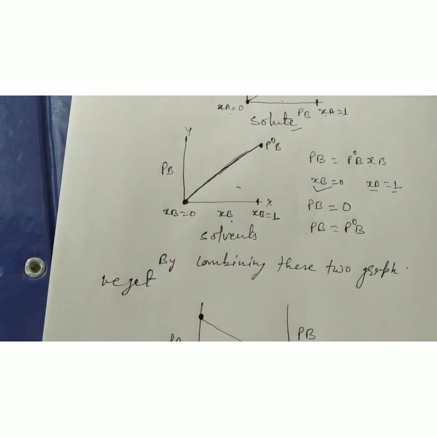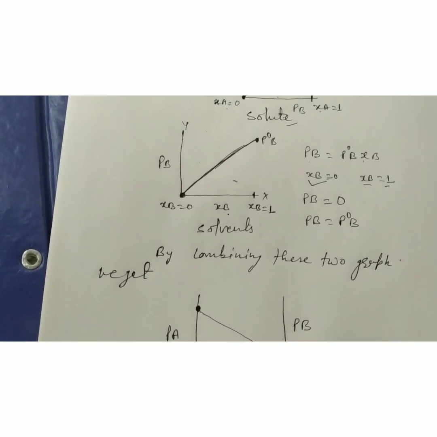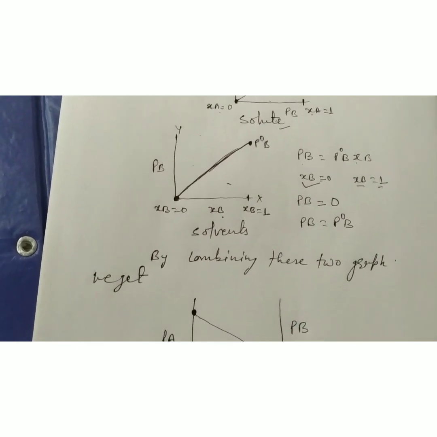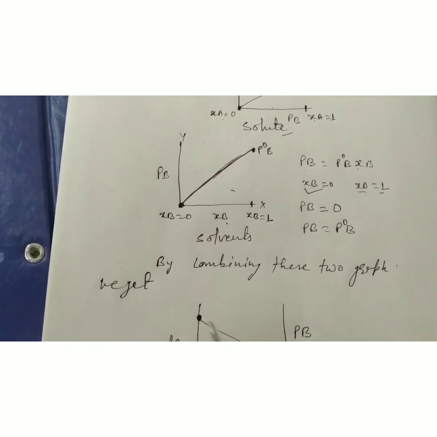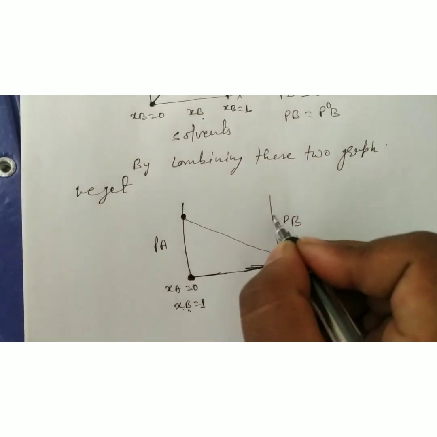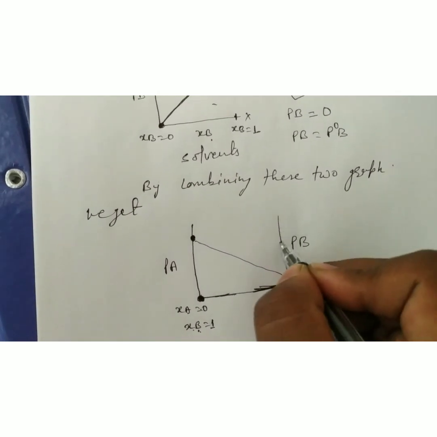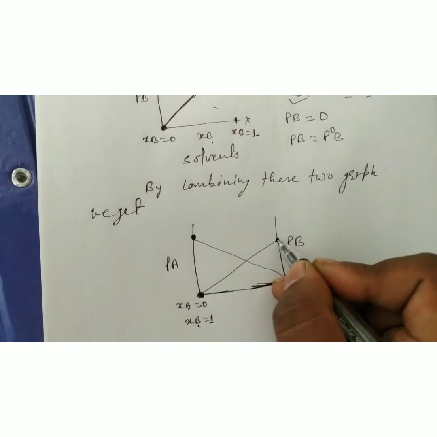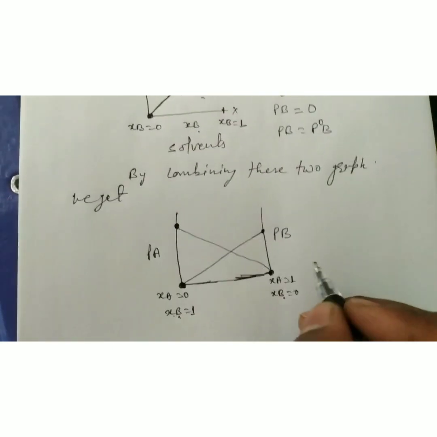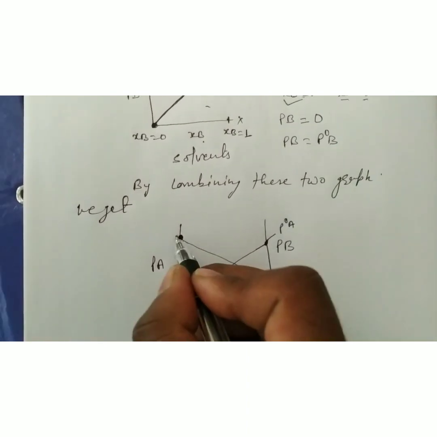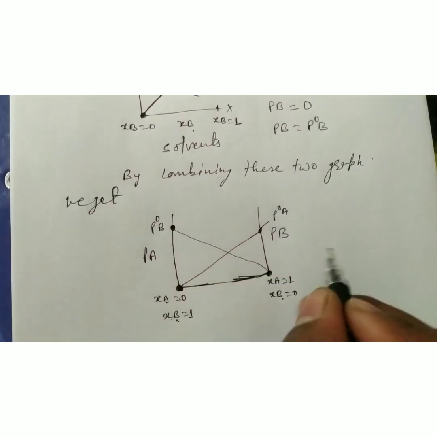So, this is the 0 point for XB, and when XB equals 1, this point, XA equals 0, this is the origin, and when XA is equal to 1, this is the origin. So we have 2 points again. This is the straight line, and this point is P naught A, this point is P naught B.